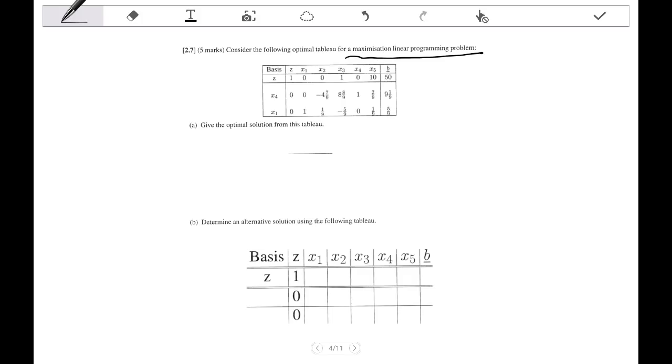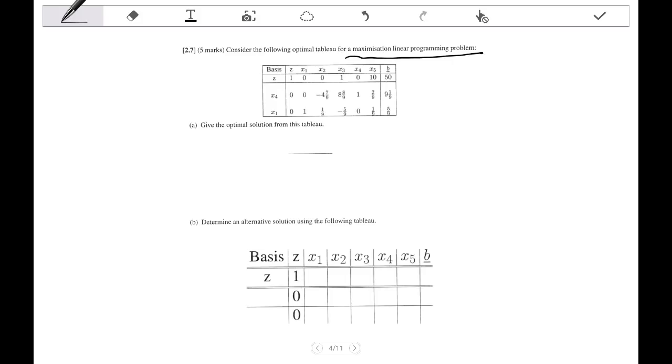So what you have to be familiar with here is how to read the solution from the table. So here, how many variables do we have? We have x1, x2, x3, x4, x5. We have 5 variables. So since we have 5 variables, then our solution is x. So here you have to know which variables are the surplus variables or slack variables.